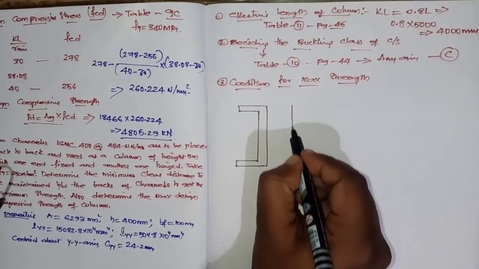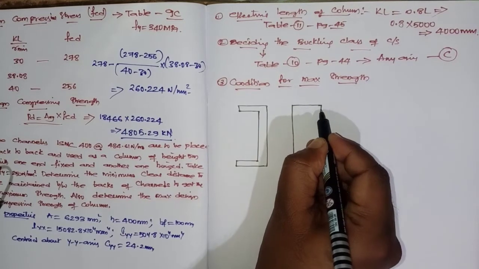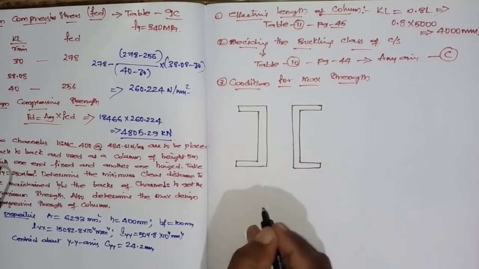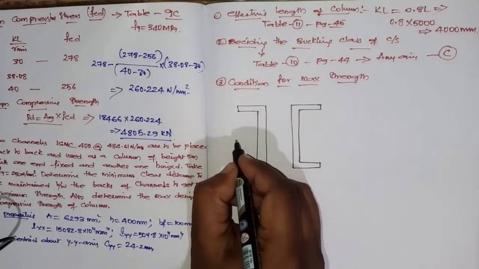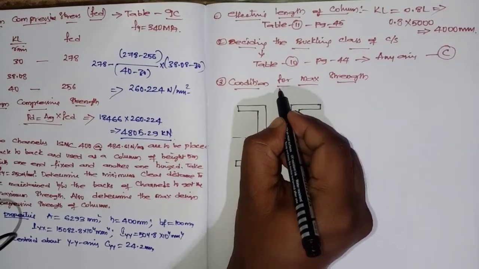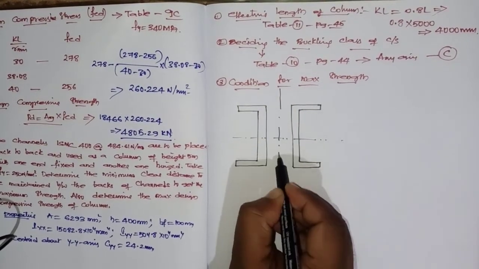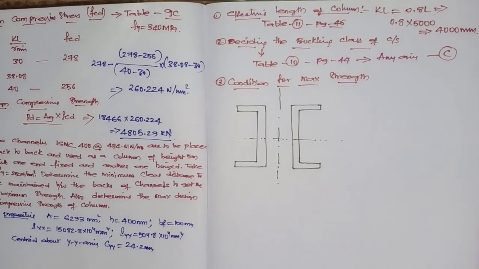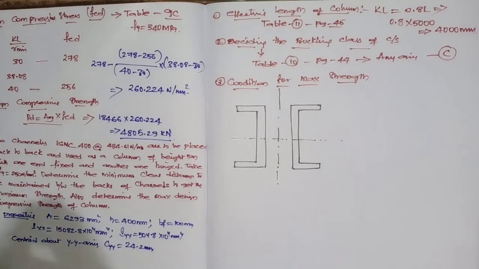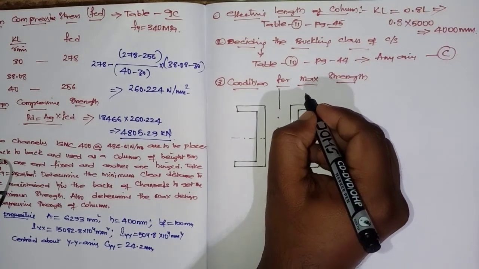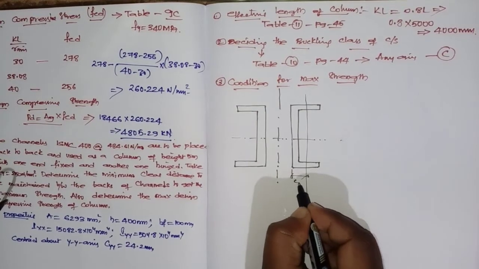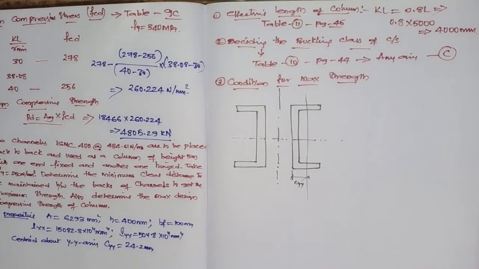This is one more channel section. They are placed back to back. From here to here it is CYY, right?